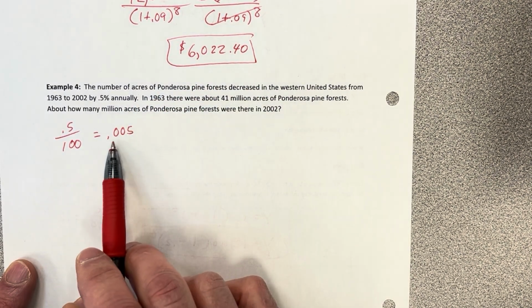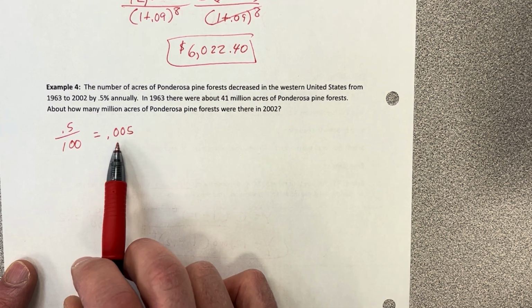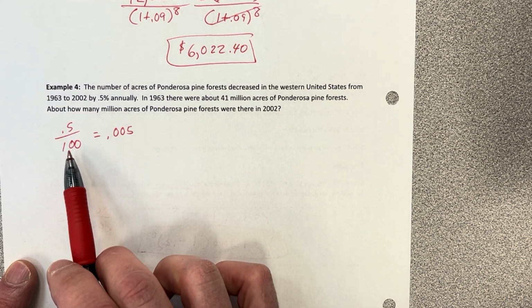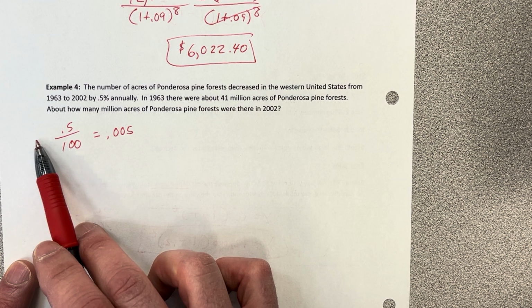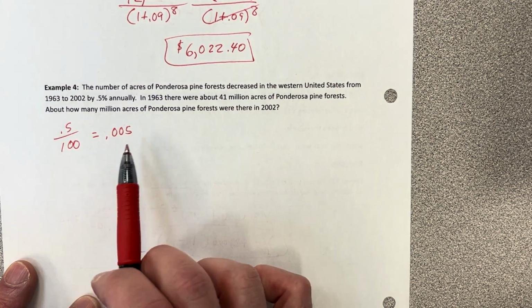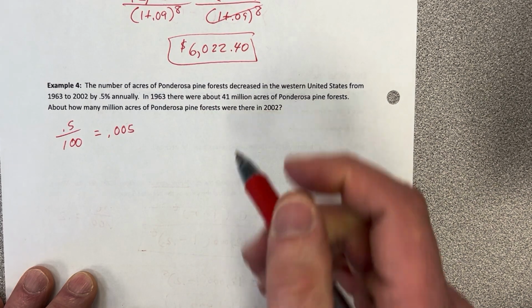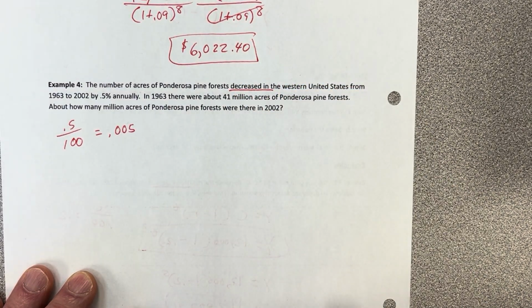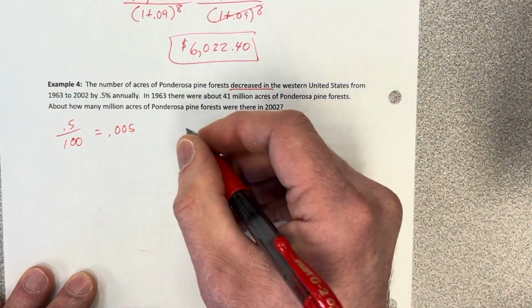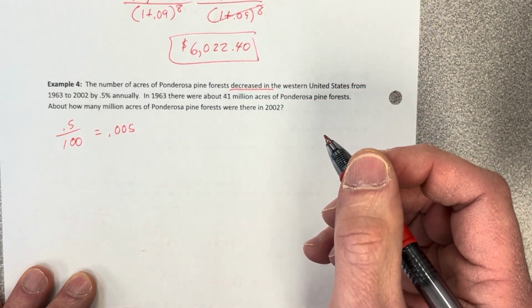Some calculators will give you this in scientific notation, but I hope you're seeing a pattern here. You move the decimal place 2 to the left to get your rate. All right. But yeah, this is talking about it, let's see. Oh yeah, decreased. Okay. So I think I'm ready to write my equation. I think I've got this figured out.